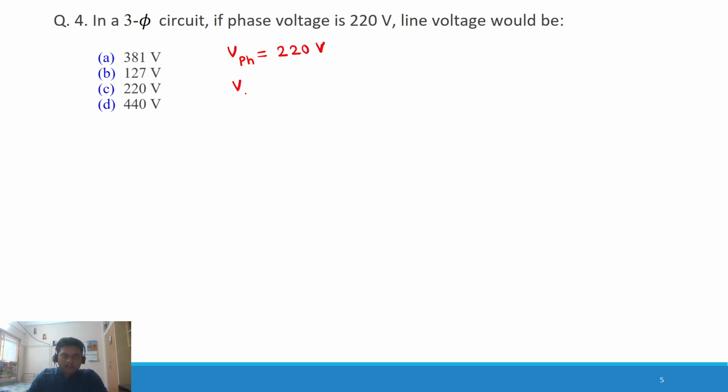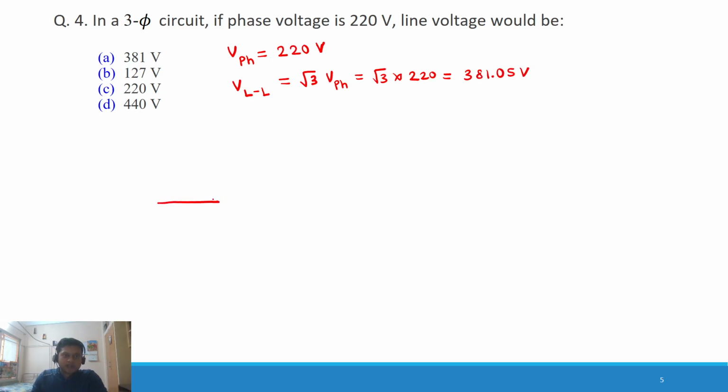So how can we calculate V line to line? Using basic mathematics, root 3 into 220 comes out to be approximately 381.05 volt.